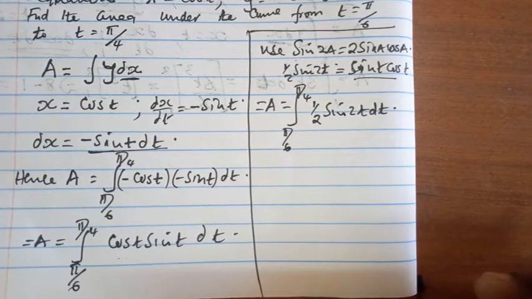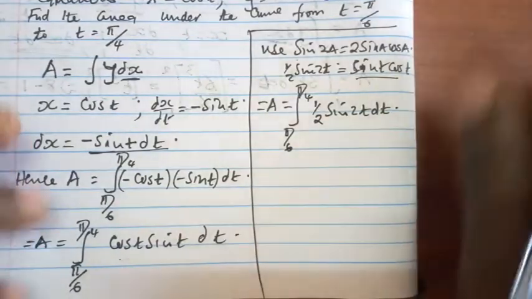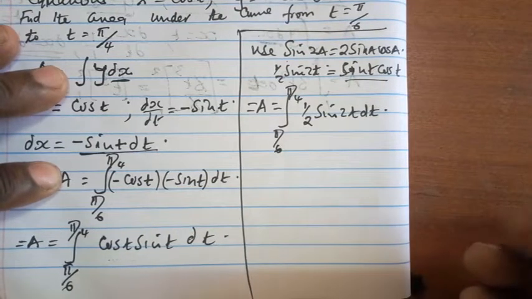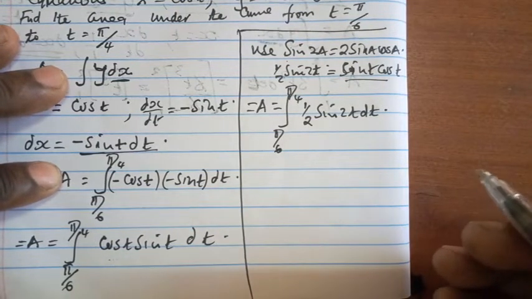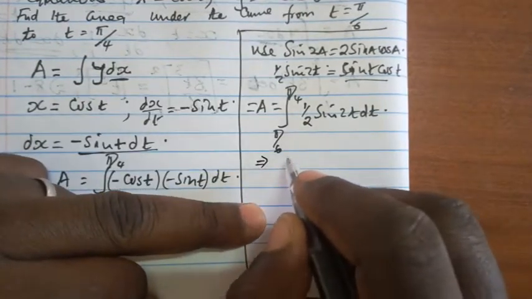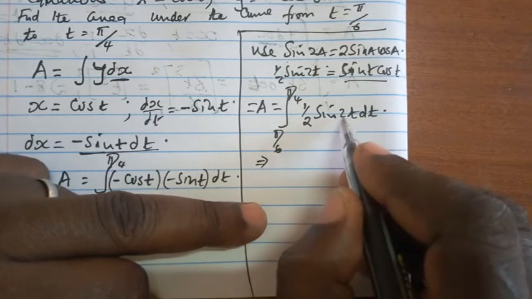Fine. If that is true, then what is the integral of sine 2t? The integral of this becomes 1 over 2 times 1 over 2, because we have 2 here.